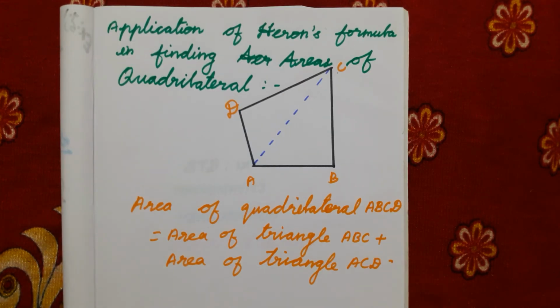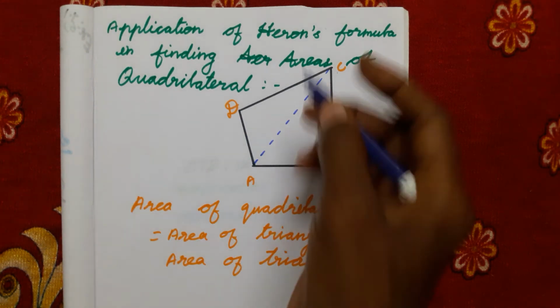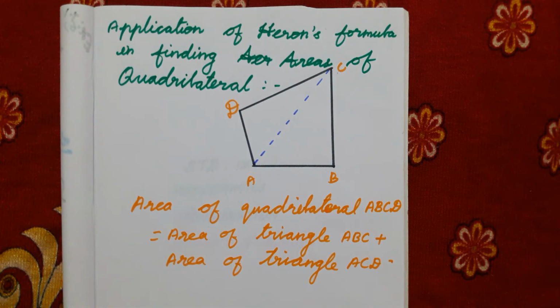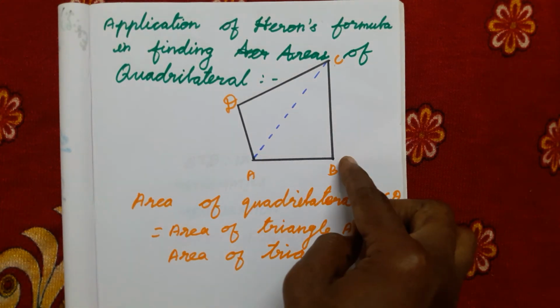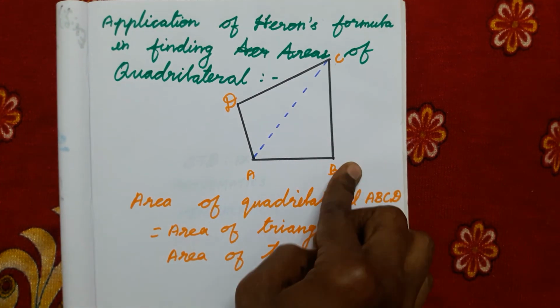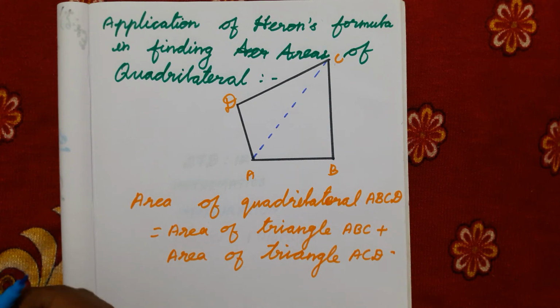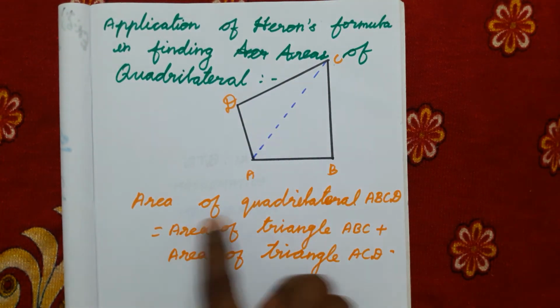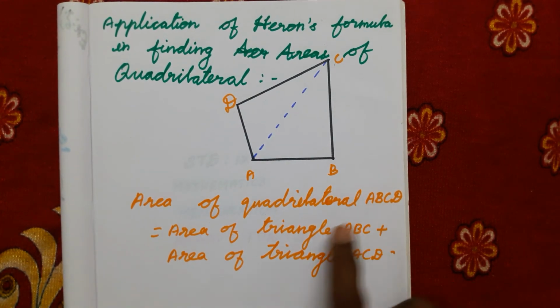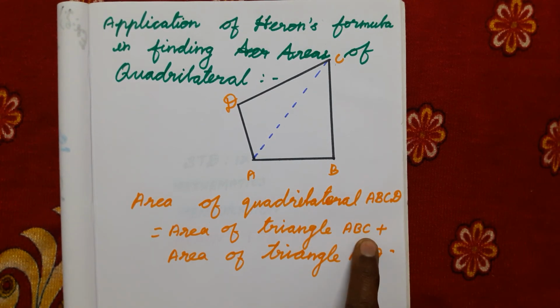Next, application of Heron's formula in finding areas of quadrilaterals. Using Heron's formula, we can find the area of a quadrilateral, which has 4 sides: A, B, C, D. Area of quadrilateral ABCD is equal to area of triangle ABC plus area of triangle ACD.